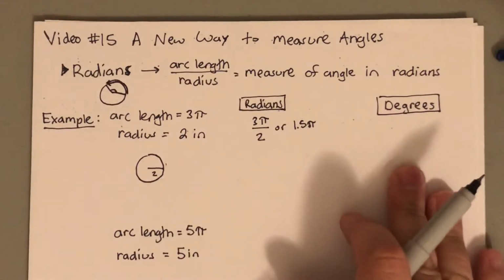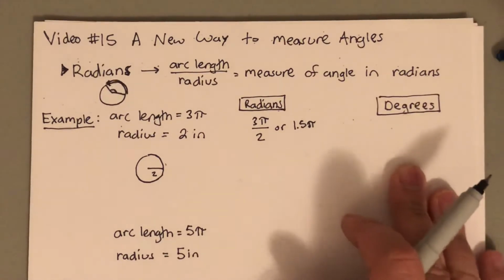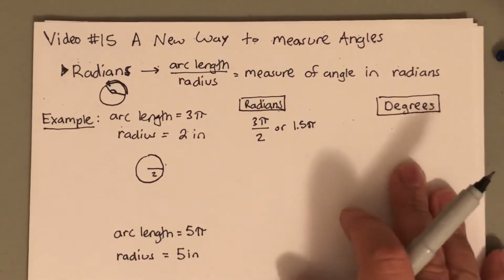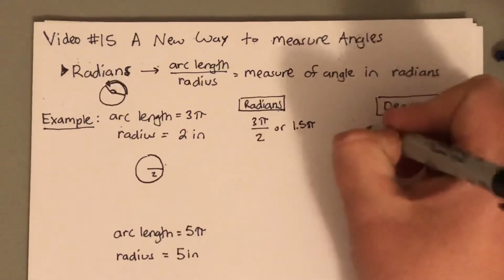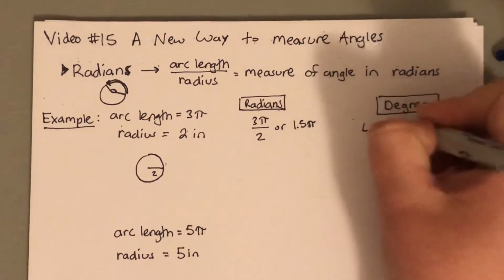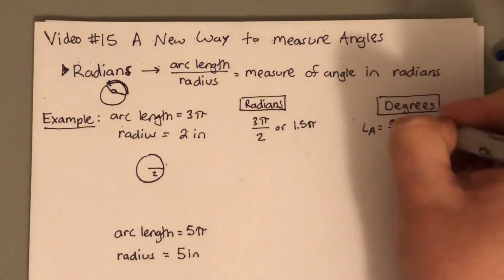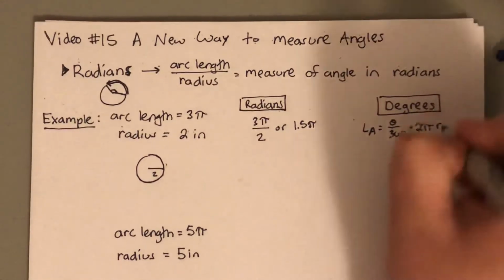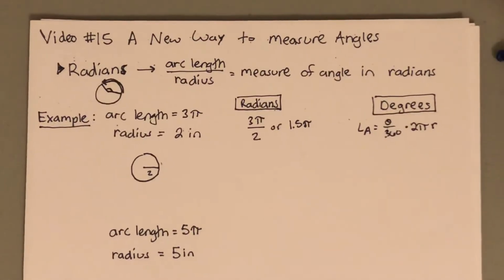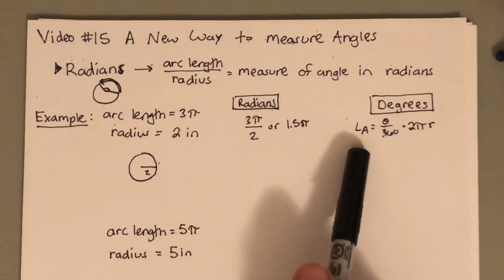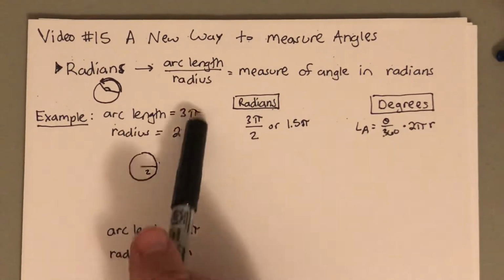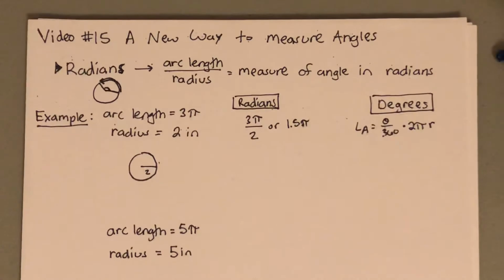If I wanted to know degrees, I would have to use that formula for arc length, the length of an arc equals the central angle over 360 times 2 pi r, that same formula that we've been using, and plug in the arc length and the radius, because those are the two things I know, and then I can find what this angle is in degrees.